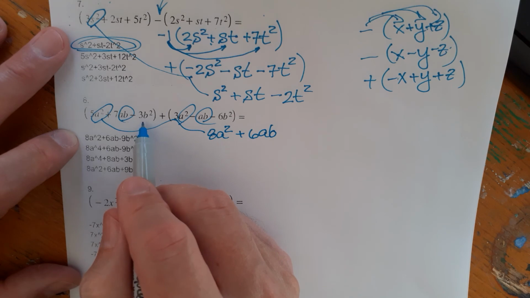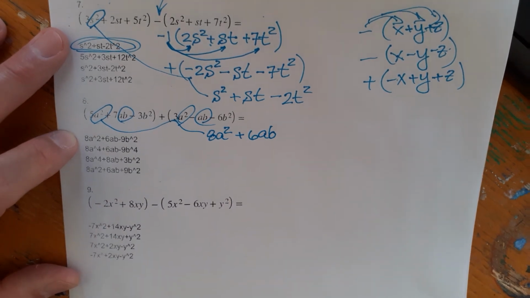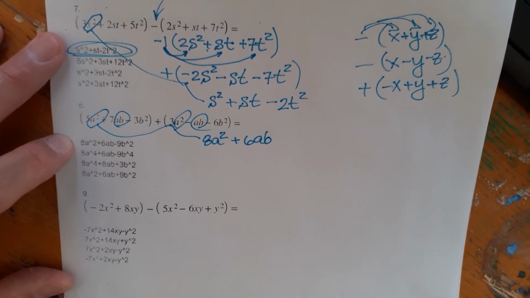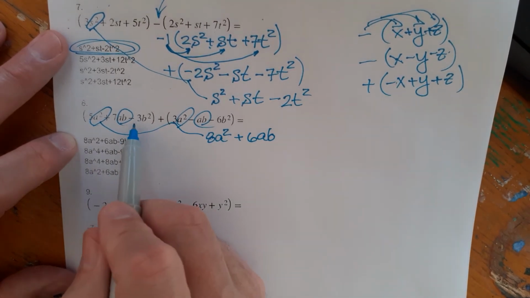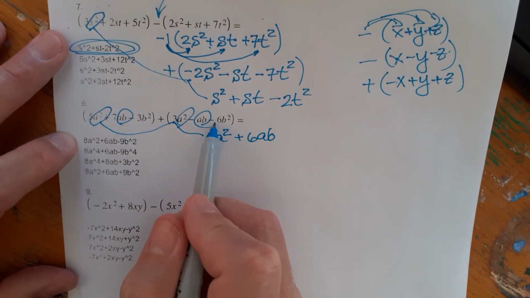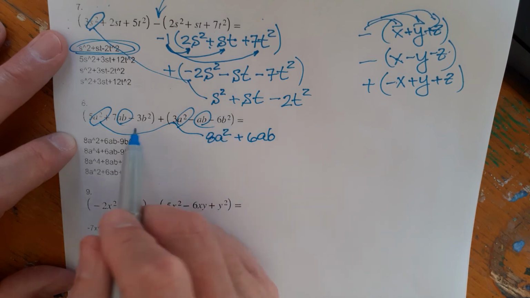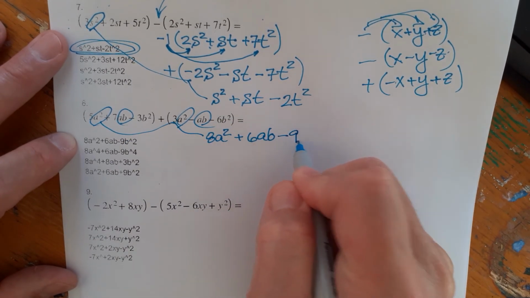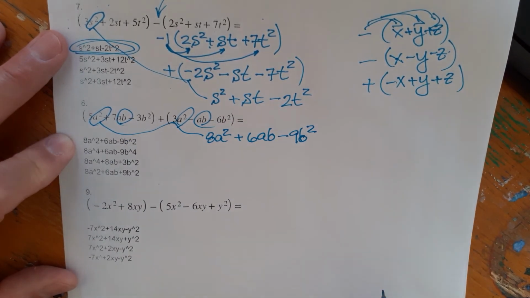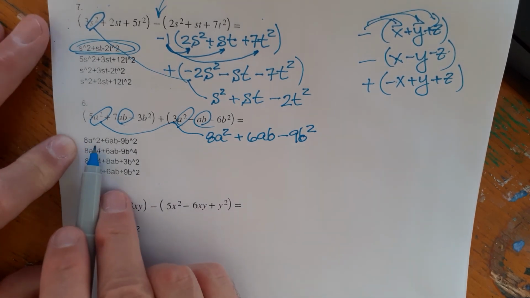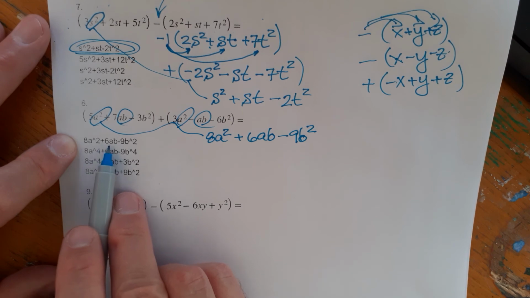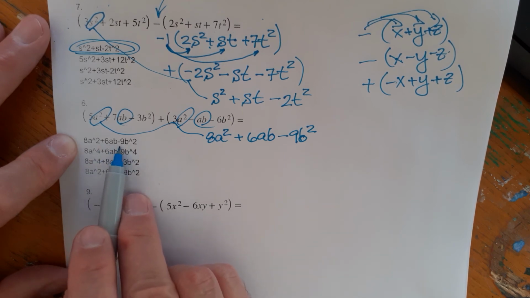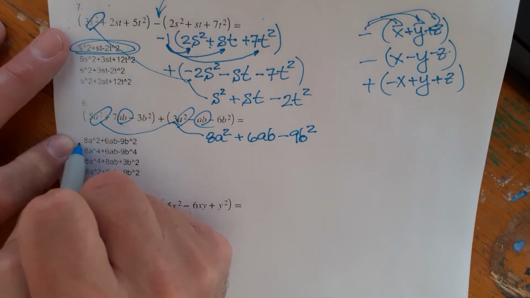Minus 3B squared and minus 3B squared here, and a minus 6B squared. So those combine to be a greater negative, minus 9B squared. So I'm looking for 8A squared, or 8a to the caret 2, which means power 2, plus 6ab minus 9b caret 2.